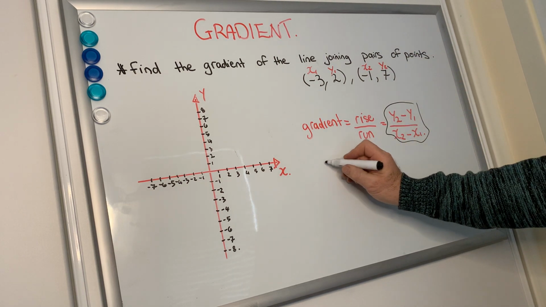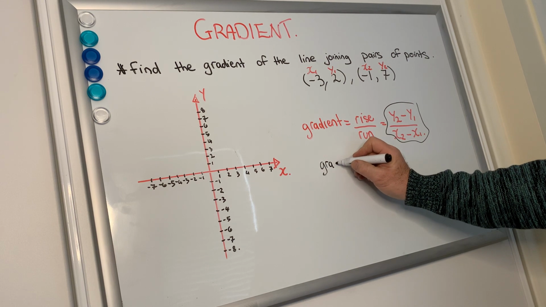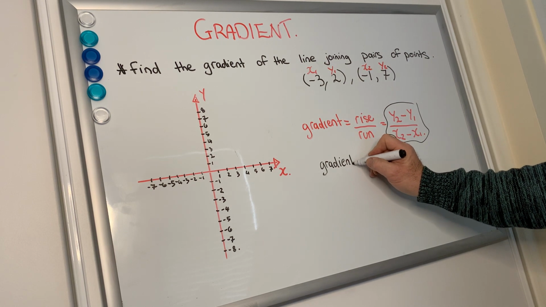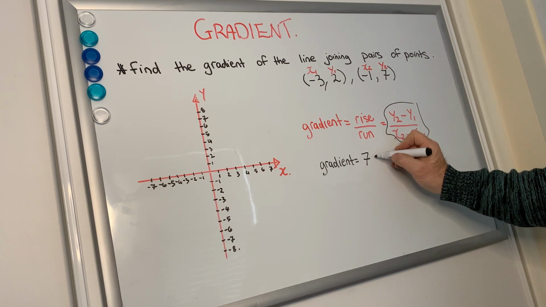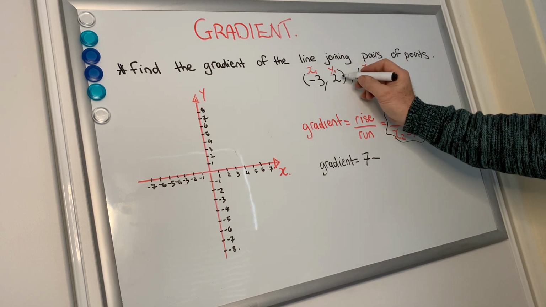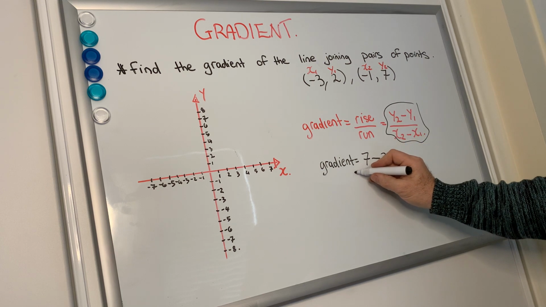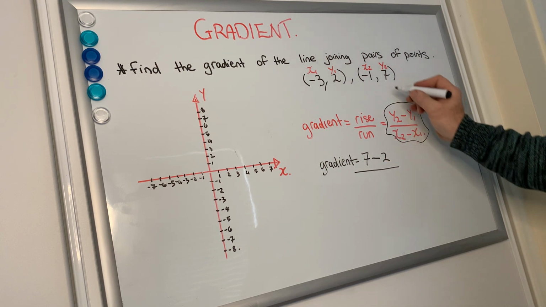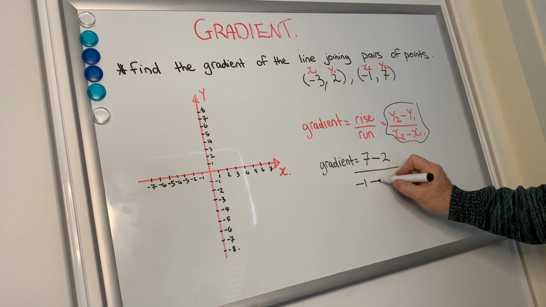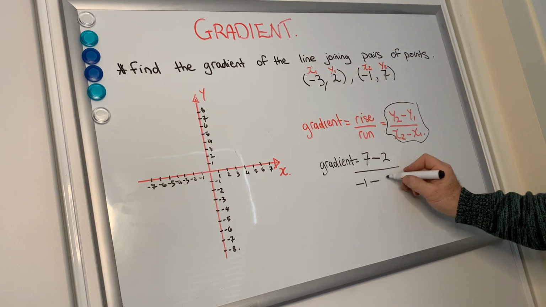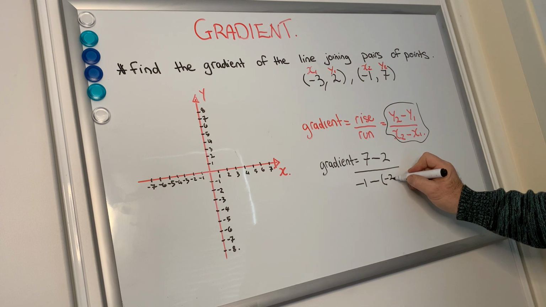So gradient is equal to y2, which is 7, take away y1, which is 2, divided by x2, which is minus 1, minus x1, which is minus 3.